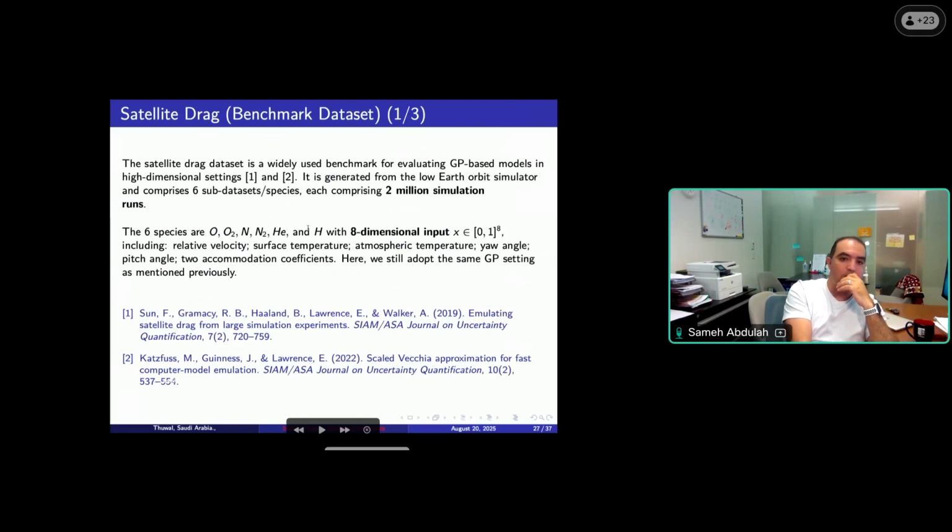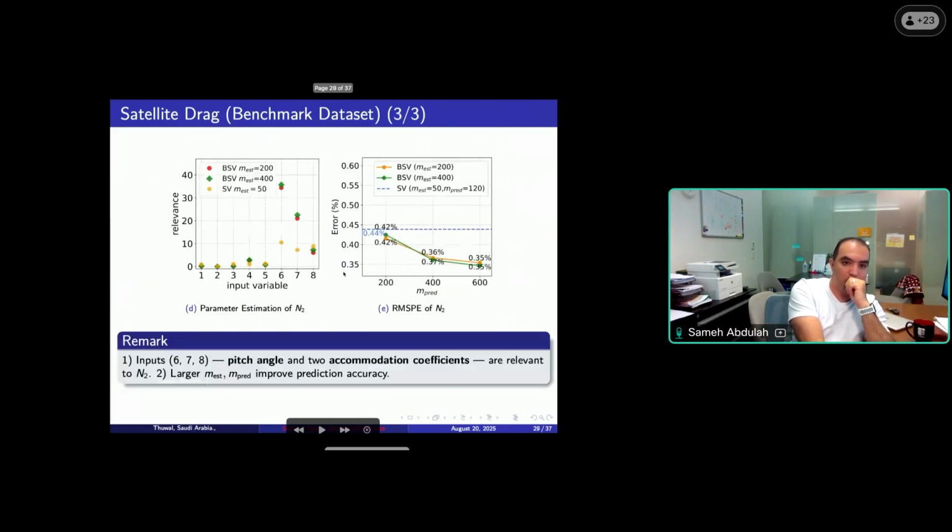So I have some accuracy graphs here. I will go very fast because I know maybe this is not very oriented to the performance that we are looking for, but I will just explain one application and show some results out of it. This is one application outside of climate weather modeling, related to a satellite drag data set.